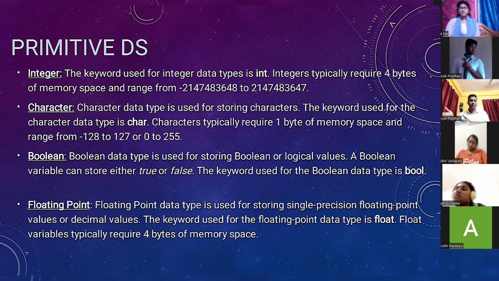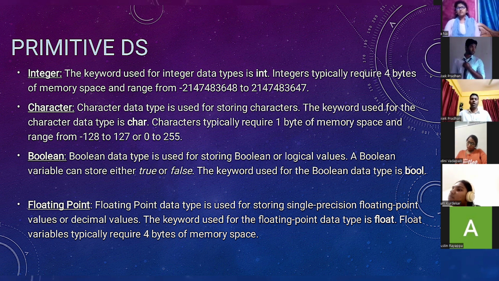It's already there. It is just asking me, is the value correct or not? Yes or no. The answer is direct. It can be either yes or no. So those values are stored under the Boolean data type. And the keyword to represent Boolean is bool, B-O-O-L.